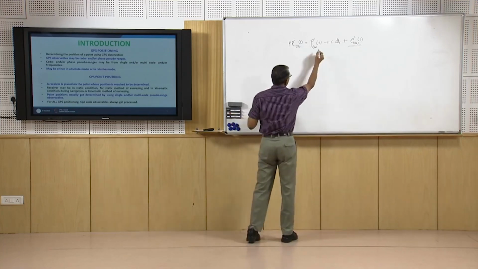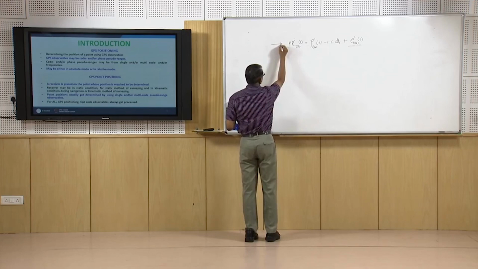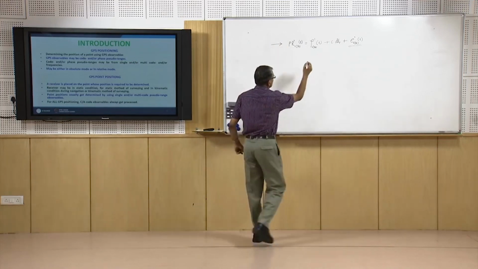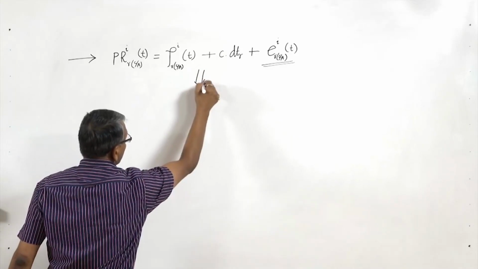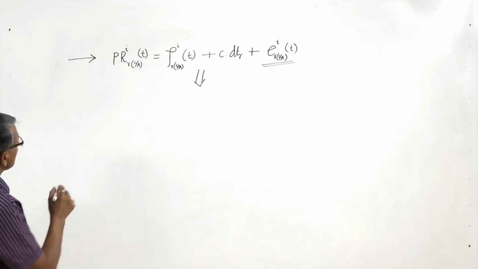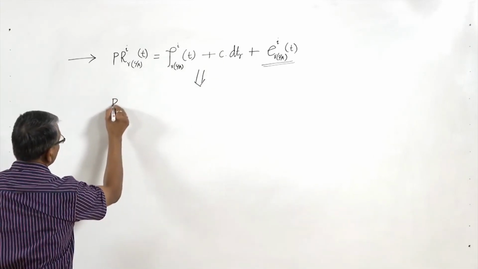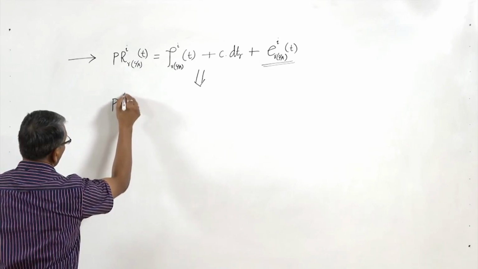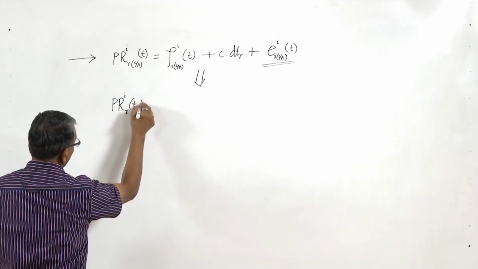So, this is the pseudo range observable from CA code, but if we generalize the pseudo range observable, I can write it like this to make it simplified.